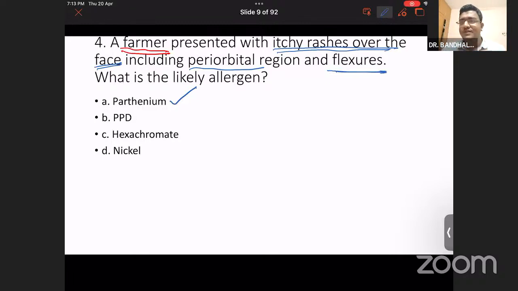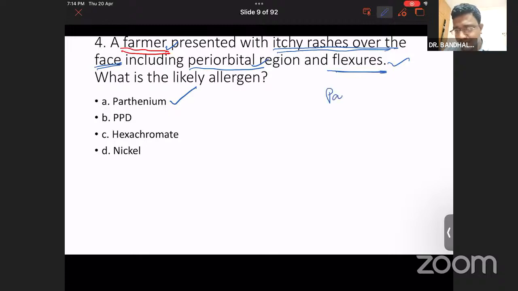It is like a weed, so it will cause allergy, especially wherever the pollen settles, such as the upper eyelid, behind the ear, chin area, below the nose, and flexures. It will trigger allergic contact dermatitis. So the answer here is parthenium. The clue is farmer and involvement of the periorbital region and flexures.